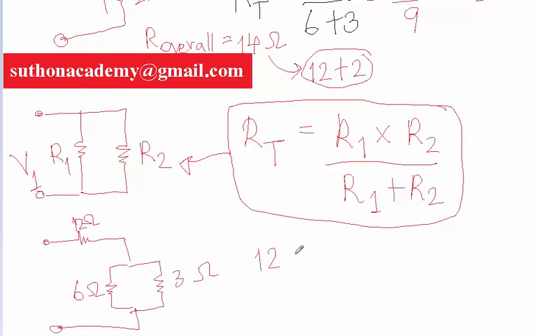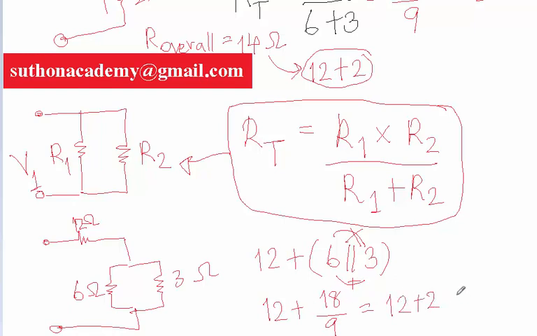It's gonna be 12 plus 6 parallel to 3, okay, is equal to 12 plus you can multiply these two numbers to become 18, and then this is the multiplication, right? This is the addition, so it's gonna be 9, and 12 plus 2 is equal to 14 ohm. This is the total resistance of this circuit.